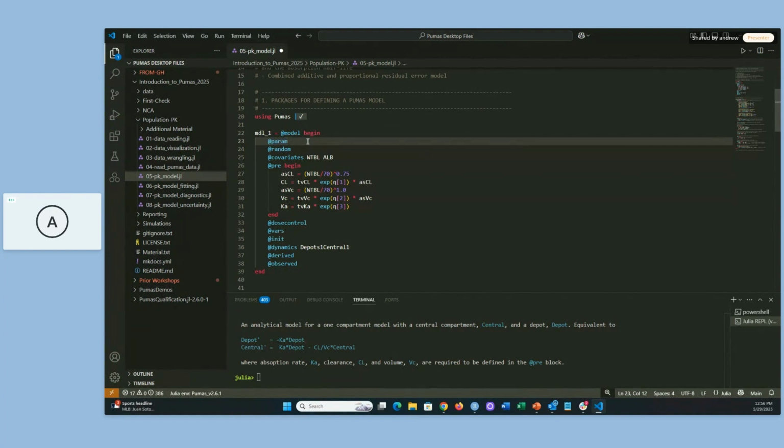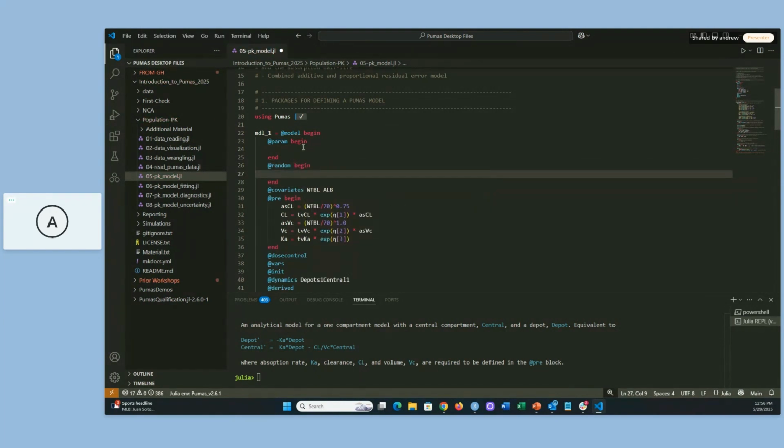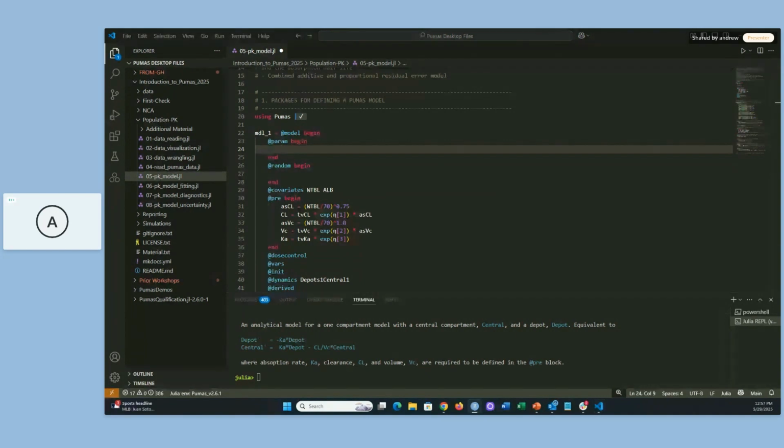For param, I like to do param before the random, but I will just add in our blocks as we begin. So again, our parameter block is intended as our fixed effects model or fixed effects estimates. So what is that, as defined within our pre-block?